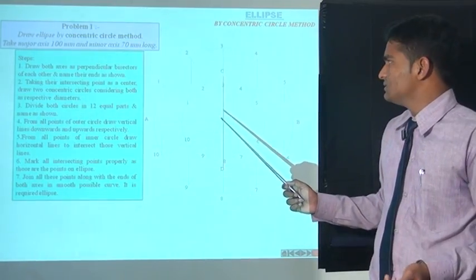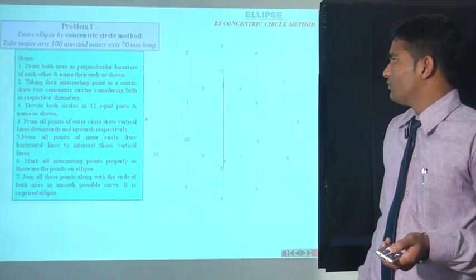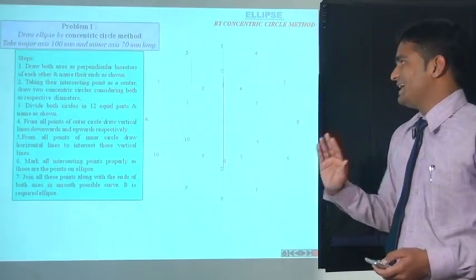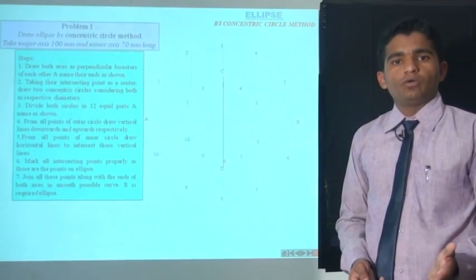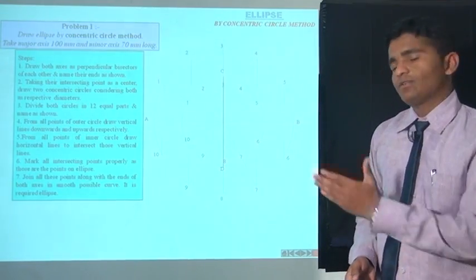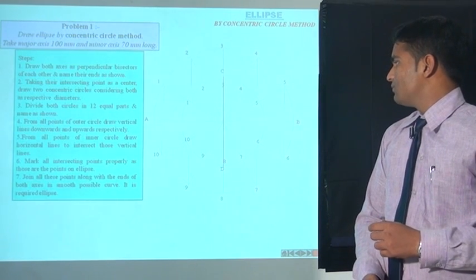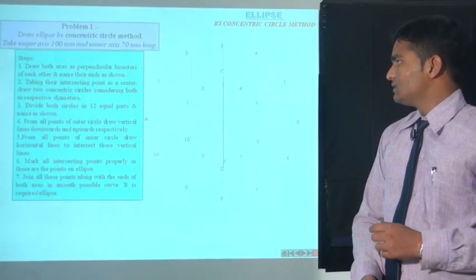Let's do it like that: point 1, point 2. And for the points which are on the right side of the line CD, draw the horizontal line from left to right. So points 5, 6, 7, 9 and 10.